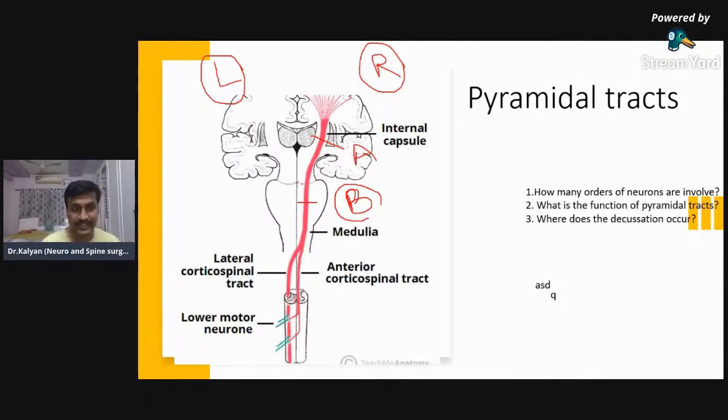So left side. Now imagine lesion C is in the lower part of the medulla. So where will the patient have weakness? On the left side or the right side?